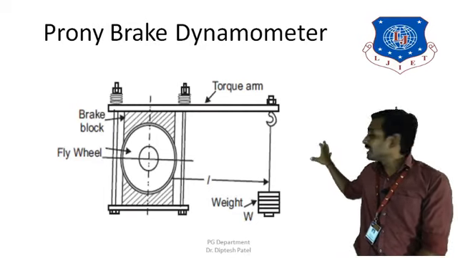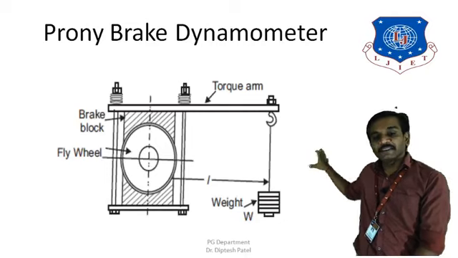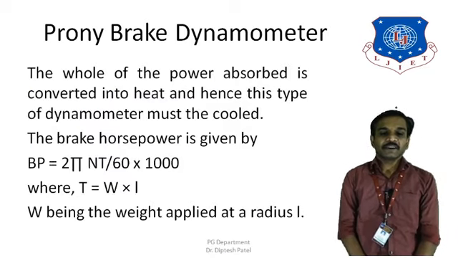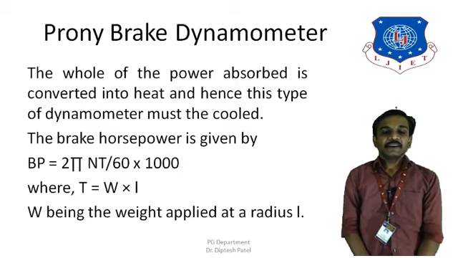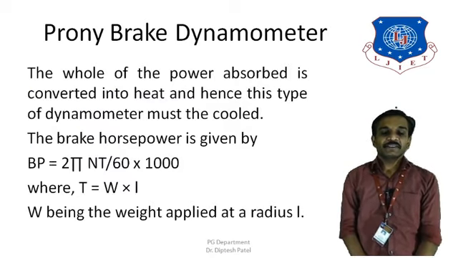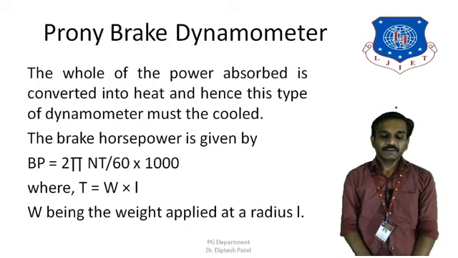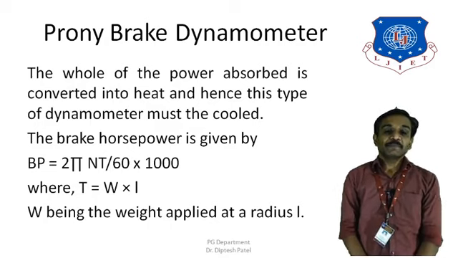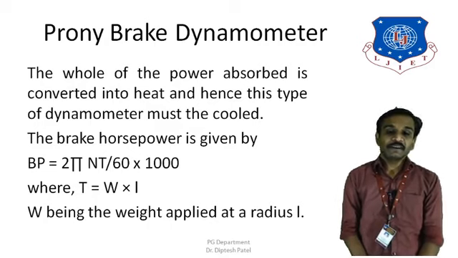You can see l and the weight shown in this diagram. So we can calculate the brake power with the help of 2 pi N T divided by 60,000, where T is W times l, with W the weight and l the distance from the flywheel to the weight. This is how we can calculate the brake power by using the Prony brake dynamometer.